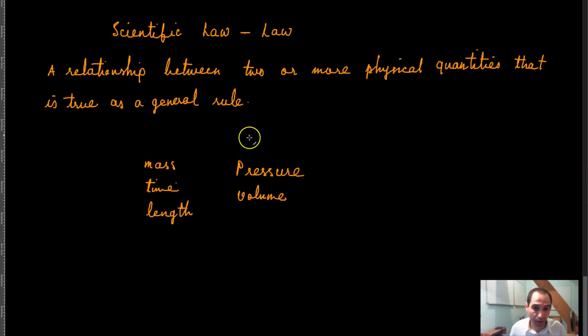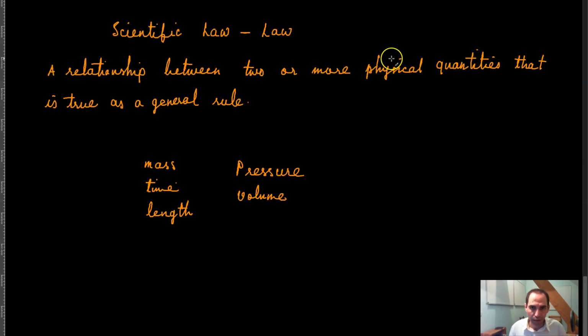So now if I find in a particular context, for example, suppose that in the context of gases, I find some relationship between pressure and volume, then that relationship, if I express it in mathematical terms, is called a scientific law, or a law basically.